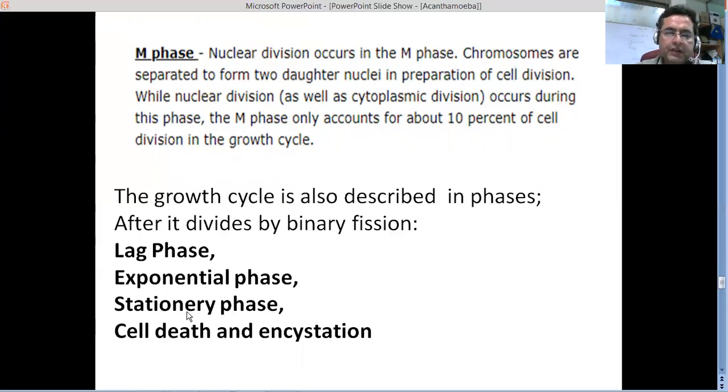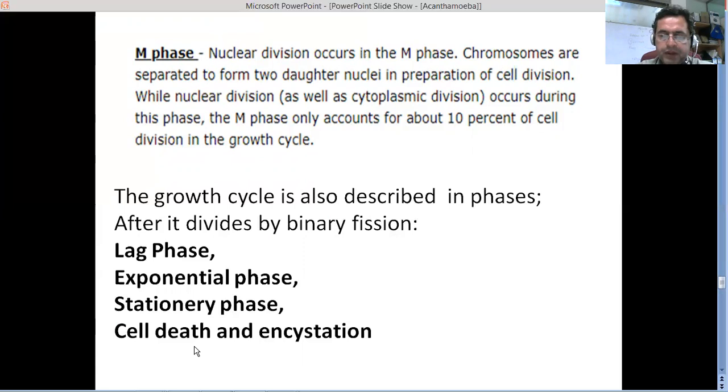The next phase in the cycle is the stationary phase. The stationary phase is the result of the higher number of cells from the exponential phase, depletion of nutrients and increase of toxins. These conditions result in reduced rates of growth. And the next phase is cell death and encystation.